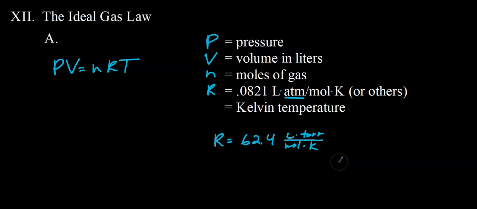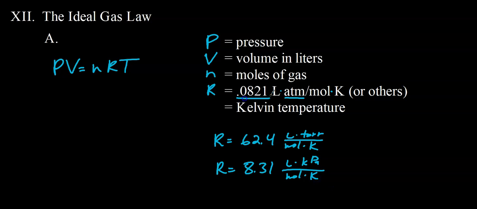Or in this case, liter torr or liter millimeters of mercury. Remember, millimeters of mercury and torr are the same thing. Liter torr per mole Kelvin. And if the pressure is given in kilopascals, the value for R is 8.31 liter, whoops, that should say kilopascals, not atmospheres. Liters times kilopascals over mole Kelvin.